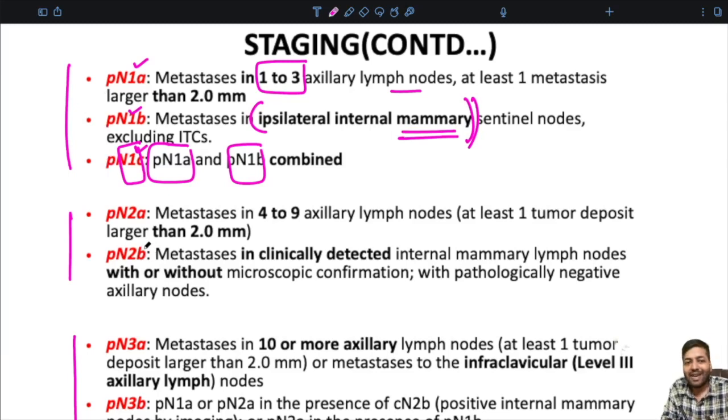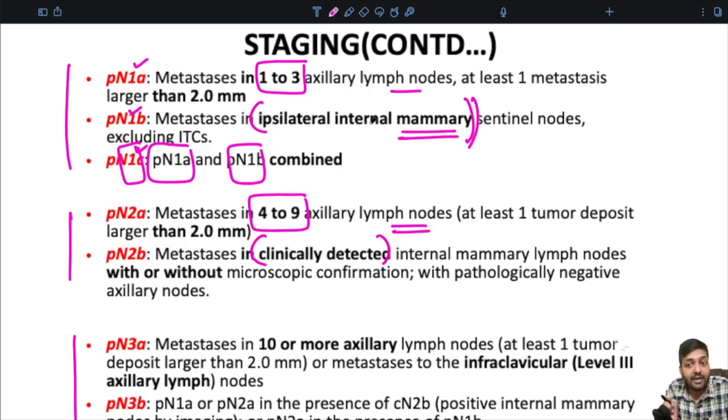Then we are having pN2a. What is N2a? When there is metastasis in 4 to 9 axillary group of lymph nodes, at least one tumor deposit measuring more than 2 millimeter. What is 2b? 2b is metastasis in clinically detected ipsilateral internal mammary nodes, but not pathologically detected.